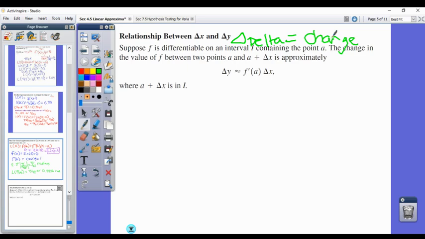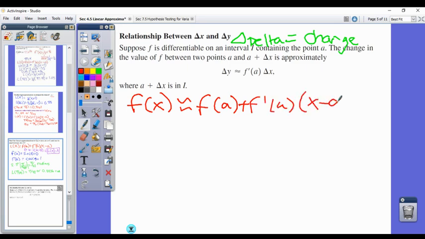So the reason why this works is if I were to take my original function that I had, f of x is approximately equal to f of a plus f prime a times x minus a, right?